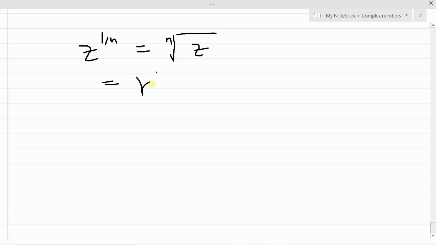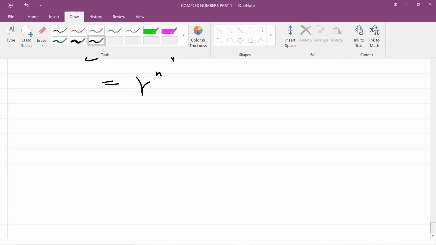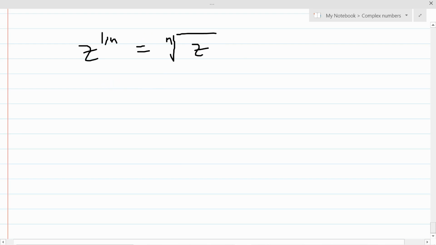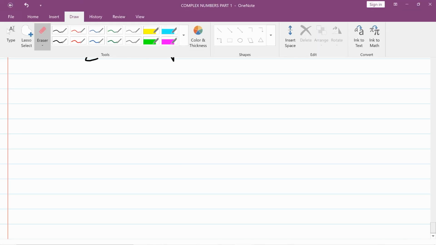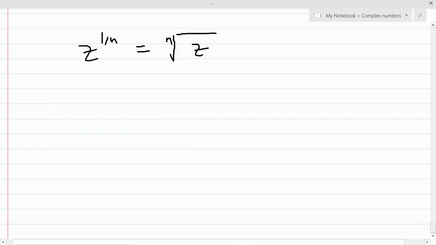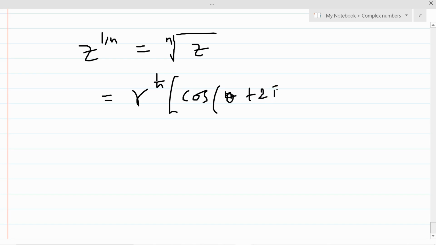So with this, I write a general formula for you. If I have a complex number given and I want to find the nth root of the complex number, the nth root of z is equal to r to the power 1 over n times cos of theta plus 2 pi k, all over n, plus i sine of theta plus 2 pi k, all over n.